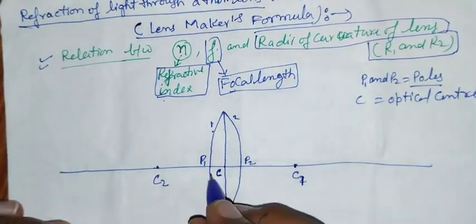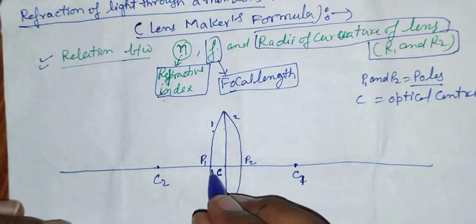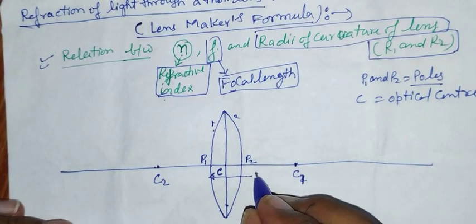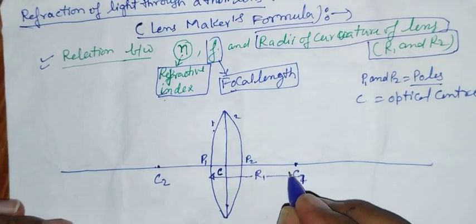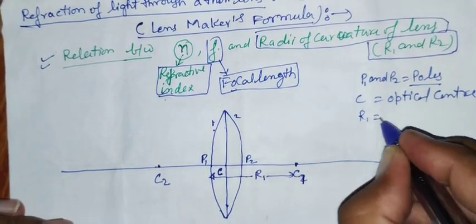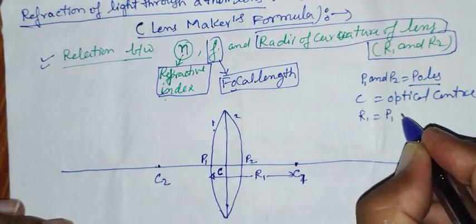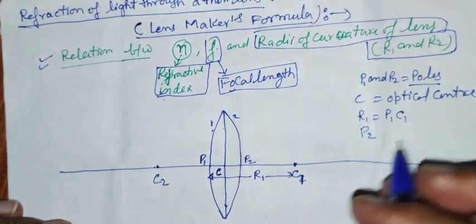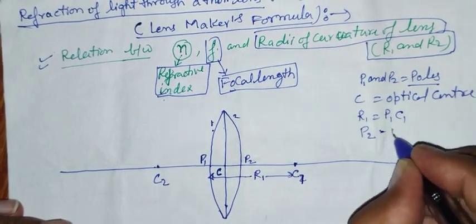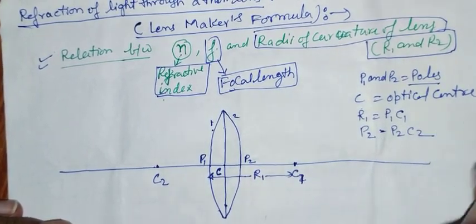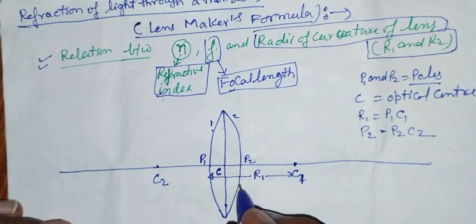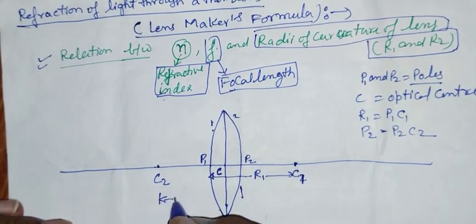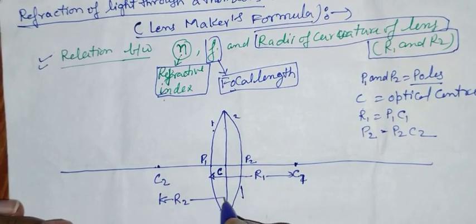See the distance from P1 to C1 is called R1. R1 is equal to P1C1. R2 is equal to P2C2.